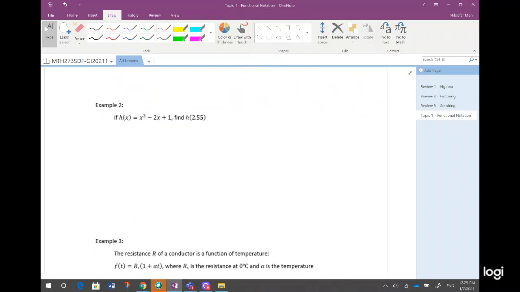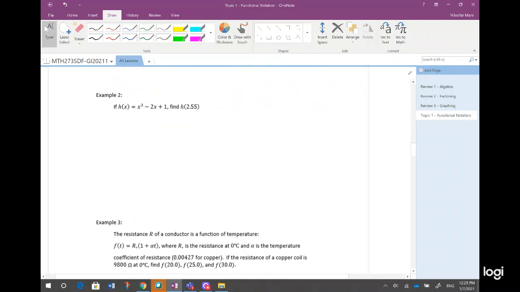Okay, so now another example. I have h of x equals x cubed minus 2x plus 1. So whatever I give you, you cube it, you do minus 2x, and you add 1, and you add all of them.